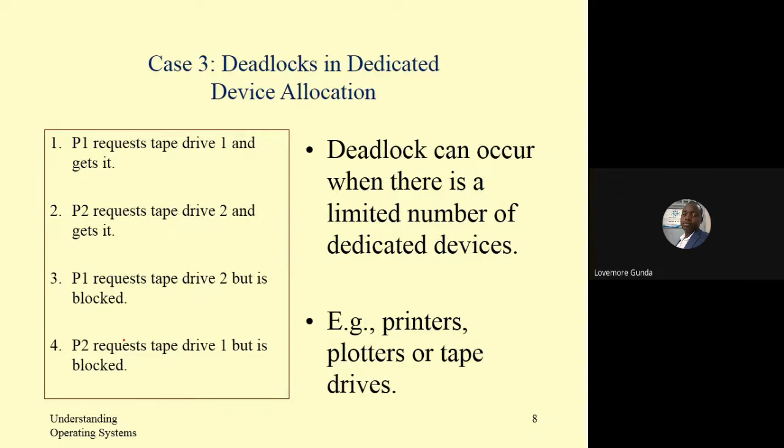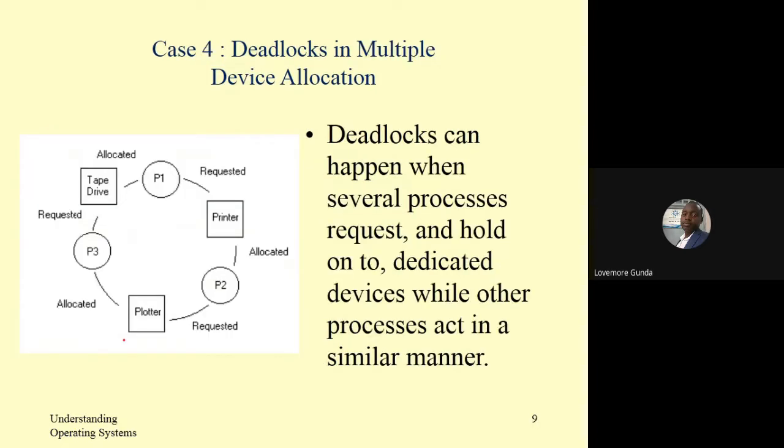Then there's also a deadlock in dedicated device allocation, right? That means if you have a limited number of dedicated devices like printers, plotters, or tape drives, the same situation occurs, but in this case, it will be a tape or a drive request. It causes a deadlock. Then there can also be deadlocks in multiple device allocation, right?